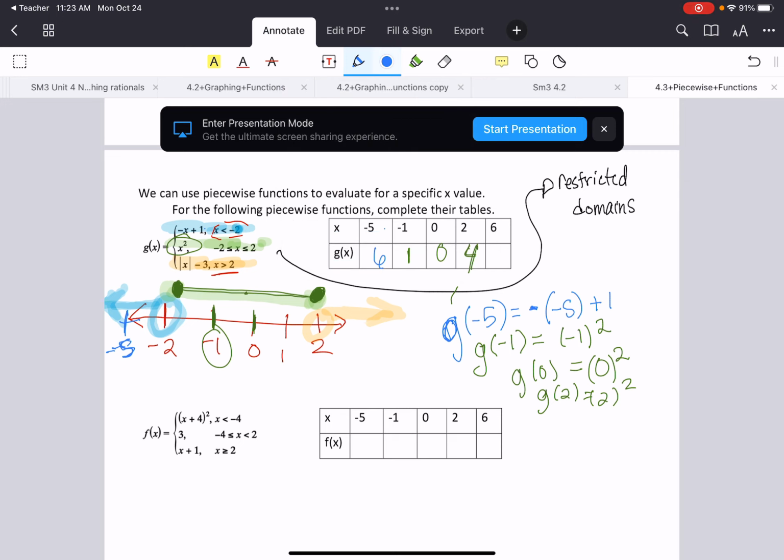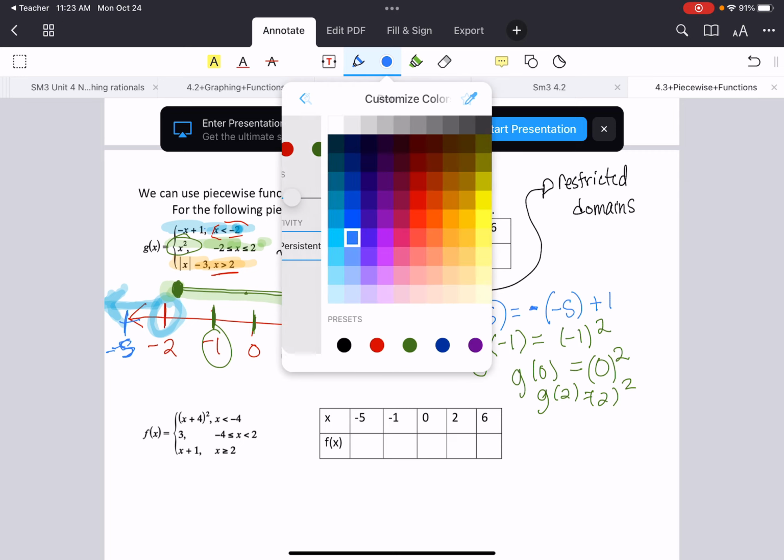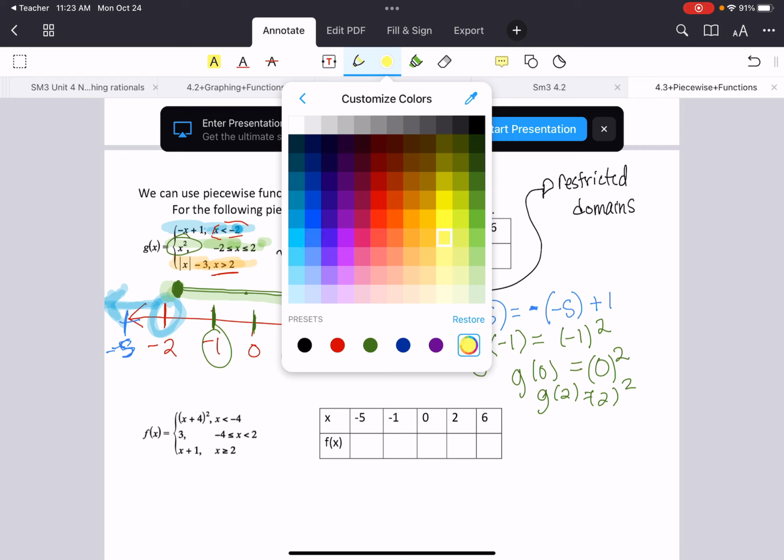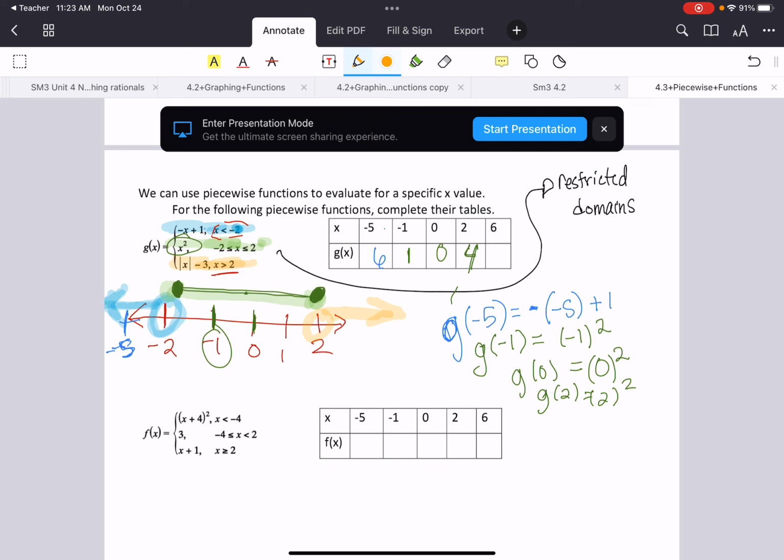Where are you? No, orange. Okay. So where's our 6 gonna go? To the right. It's the yellow one. g of 6 equals the absolute value of 6 minus 3.